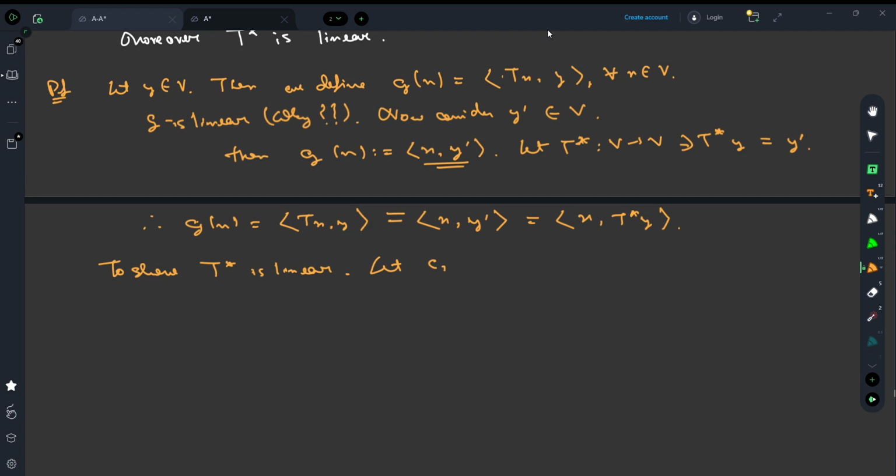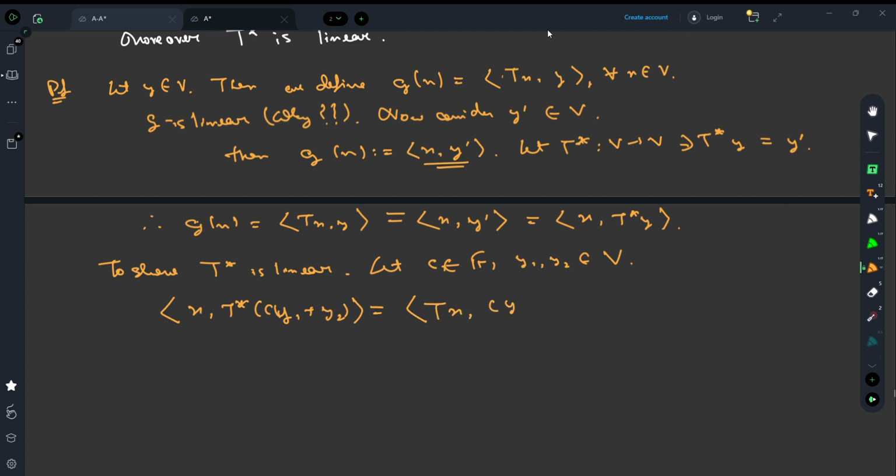Moreover, we need to show that this T star is linear. How can we show that? To show T star is linear, let c be an element of F, where F is the field over which V is a finite dimensional inner product space, and let y1 and y2 come from V. Okay.